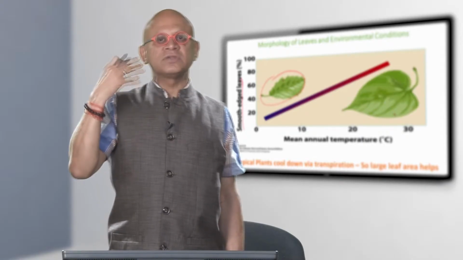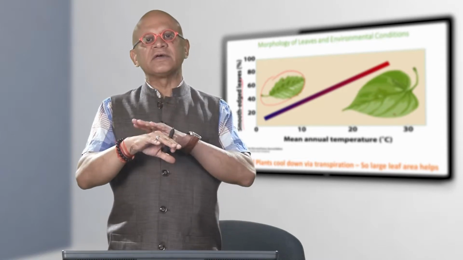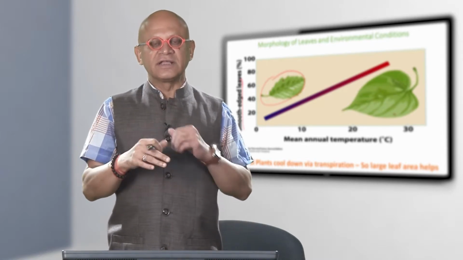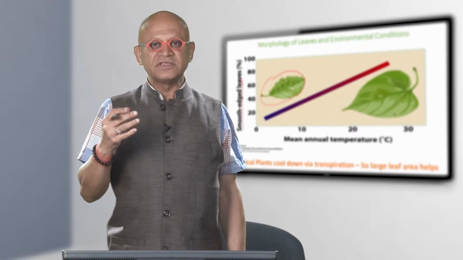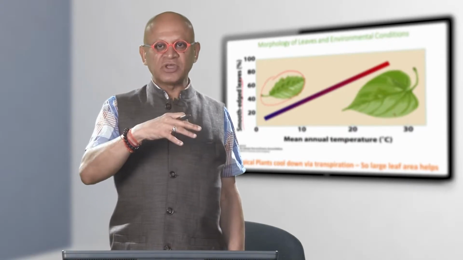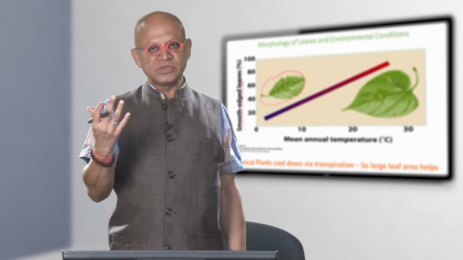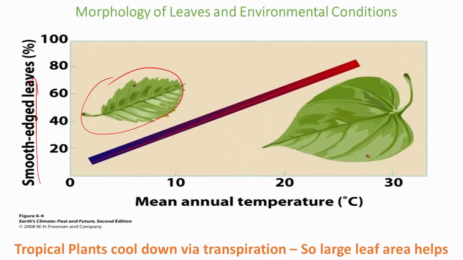They do it through basically something like respiration or sweating, that is called transpiration. So, there is evapotranspiration, evaporation and transpiration by the plants. That determines the size of the leaf, and as the temperature increases they want to sweat more, so they increase their area. You can see that the percentage of the leaves with smoother edges and larger size increases as temperatures increase.